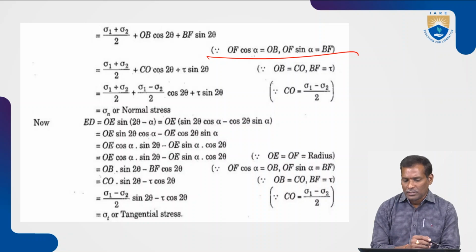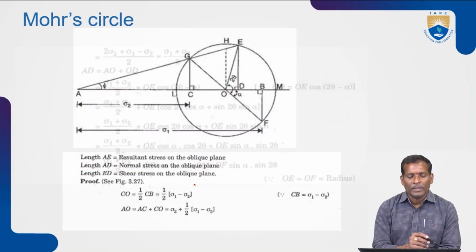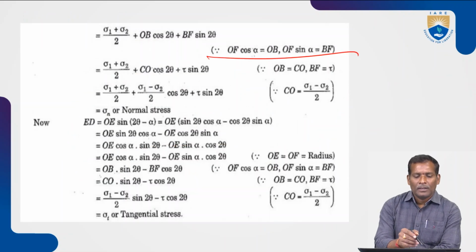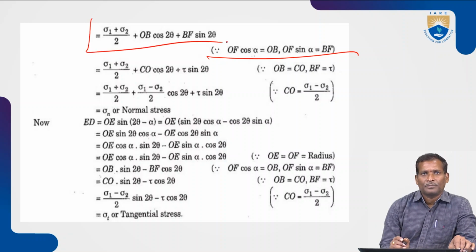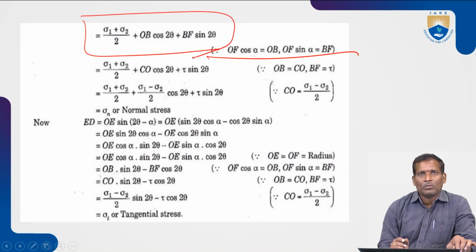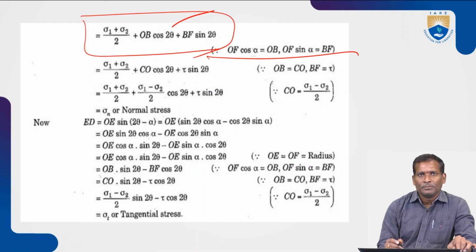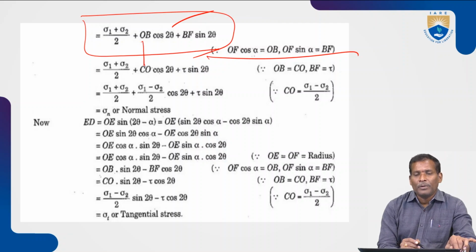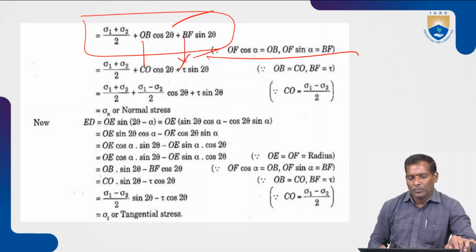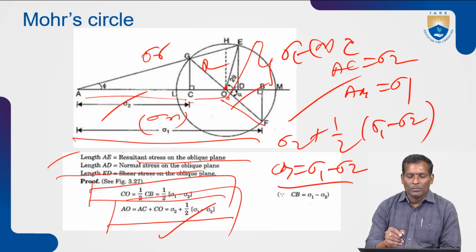Substituting in this equation, the final equation is sigma 1 plus sigma 2 by 2 plus OB cos 2 theta plus BF sin 2 theta. Here, in place of OB write CO, and BF is equal to tau.